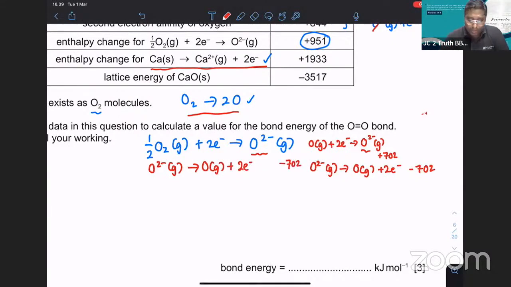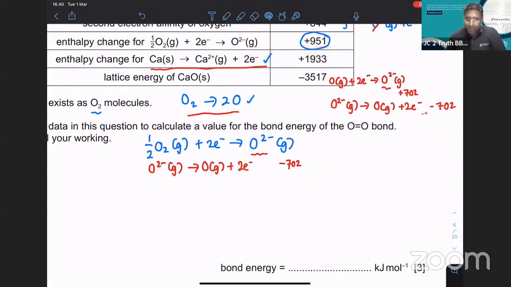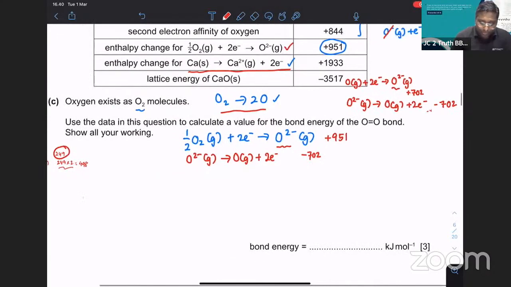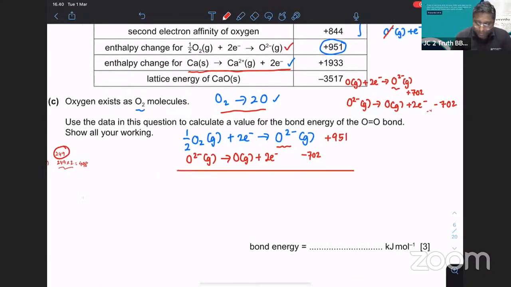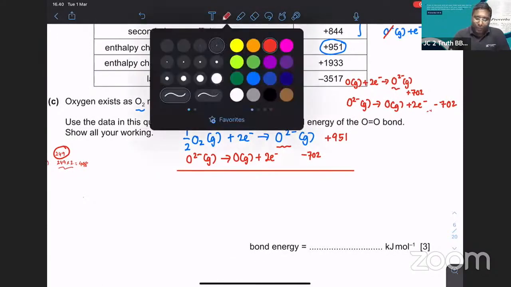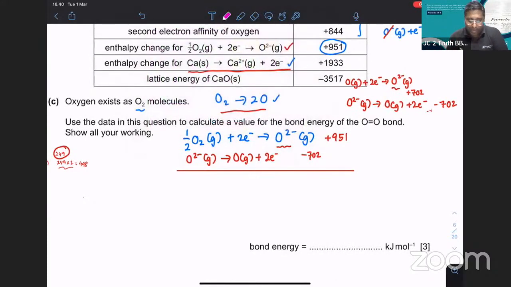Okay, and let me bring this up. We know that this particular value, the one that we took just now, is positive 951. I can join these two equations. When I join them, I will notice that I am able to cancel this and this, left and right.